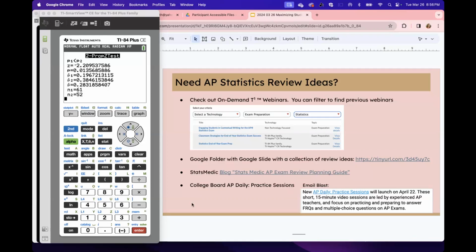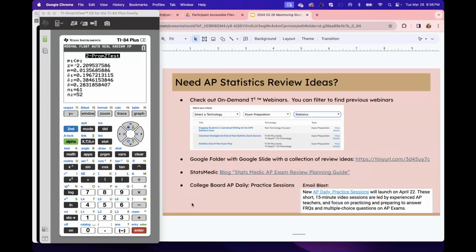So you can go to the TI site and look at those previous webinars. There's a nice little filter where you can find statistics and even tailor it to whatever calculator you're using. A lot of the webinars, I always try to show both calculators, at least the screens, but some of them might be targeted at just one calculator or another.